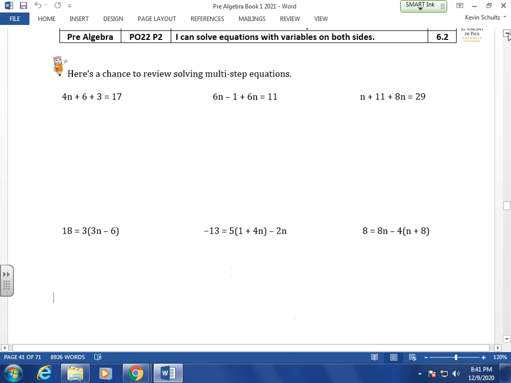So I'd like you to do the work on this page and then go to the quiz and see which questions I've selected, so you can plug your answer in there. But this is it. This is, like I said, the summit, the culmination of our work with equations. So do the work on this page, hop over to the quiz, complete that. You must get 100%. Please retake it until you get 100%, and that'll be good.